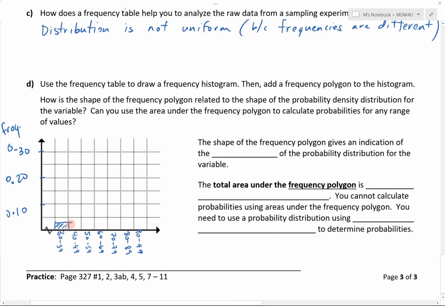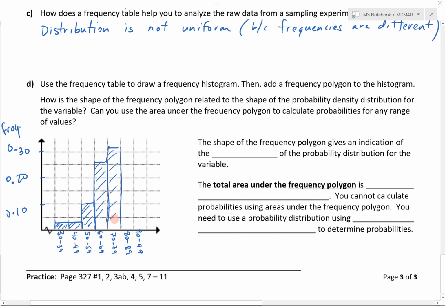And 40 to 49 is also 3.3%. 50 to 59 is 10%. And 60 to 69 is 26.7%, so maybe right about above here a little bit. I'm just kind of freehanding this, but you should make sure you use proper tools to draw a straight graph. 70 to 79 is 33.3%, so somewhere around here.